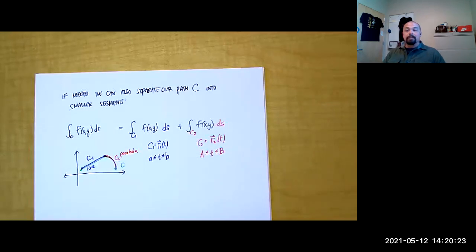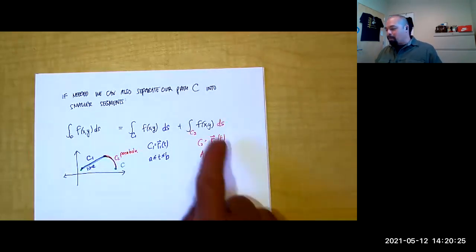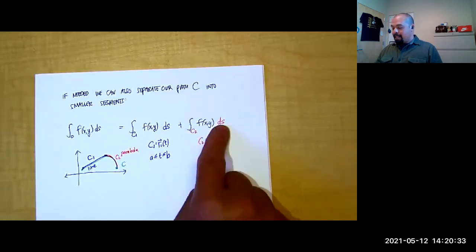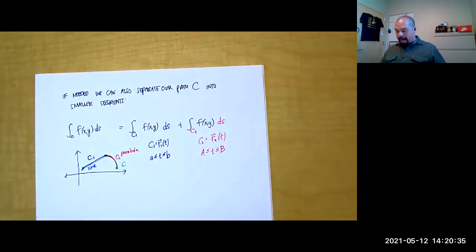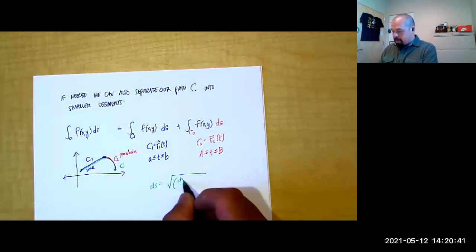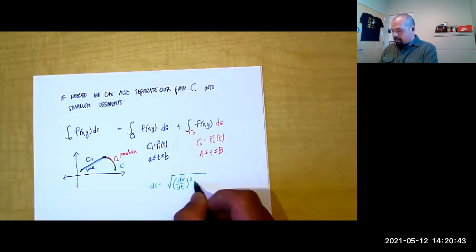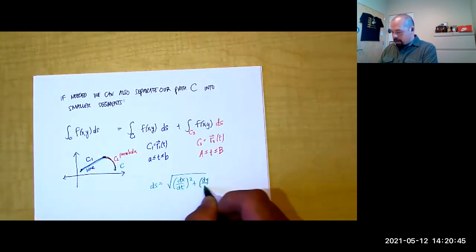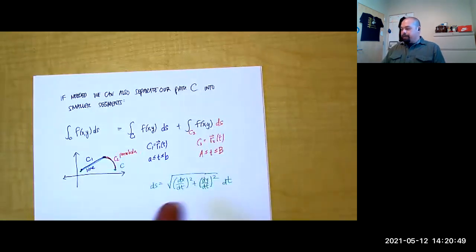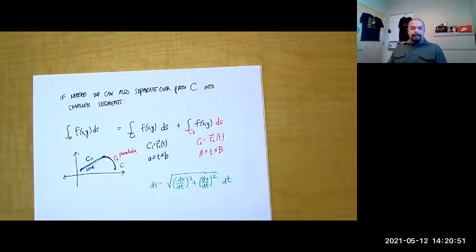Something as simple as that. It's just how we parameterize that portion of our curve. And then that computation, that ds, again just goes back to how we create that parameterization for that curve based on that r of t.